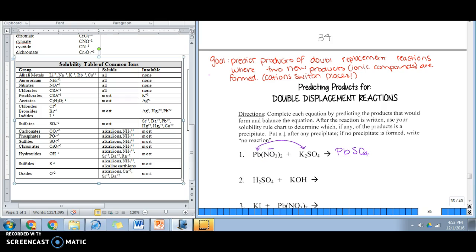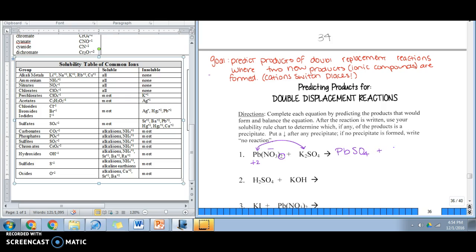Here, NO3 has a negative 1 charge, and there are 2 of them. So that must mean that Pb has a positive 2 charge to balance that out. So Pb with a positive 2, and sulfate always has a negative 2. So this means that we can rewrite the formula as PbSO4 without any additional subscripts because the formula is already balanced.